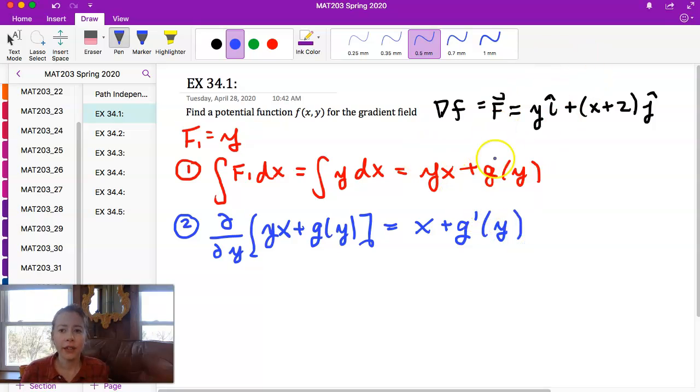And so let's take a look at f sub 2. So f sub 2, remember, is going to be equal to the coefficient of our y component, which is going to be x plus 2.